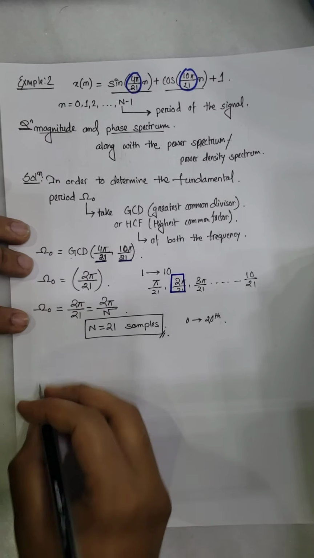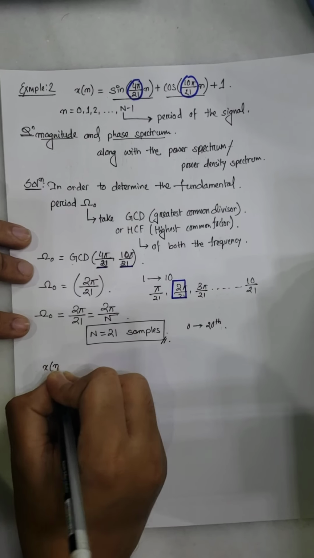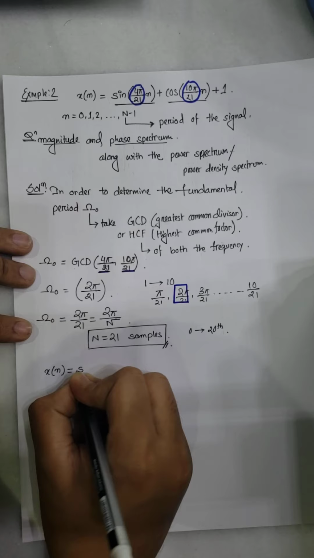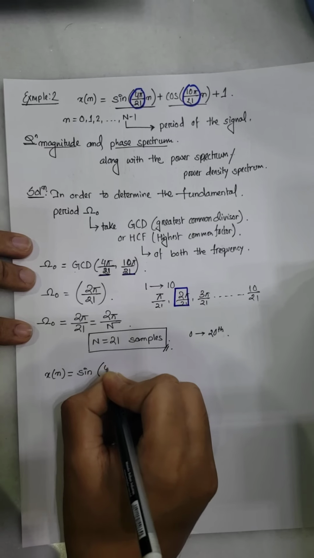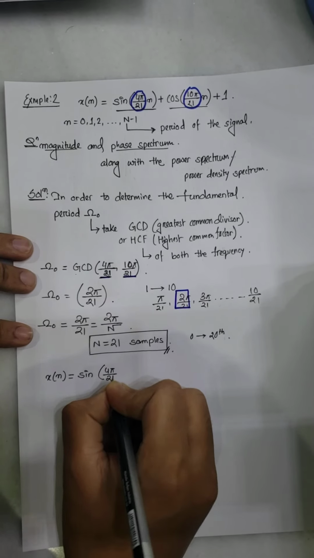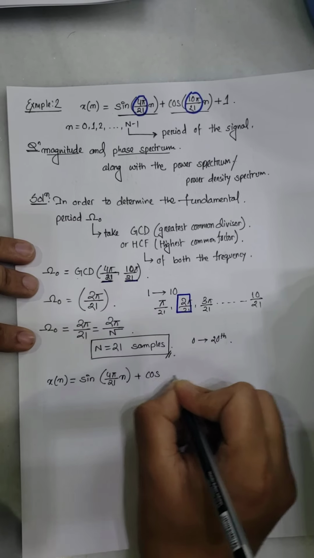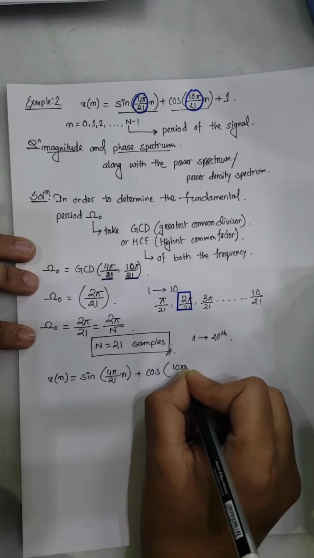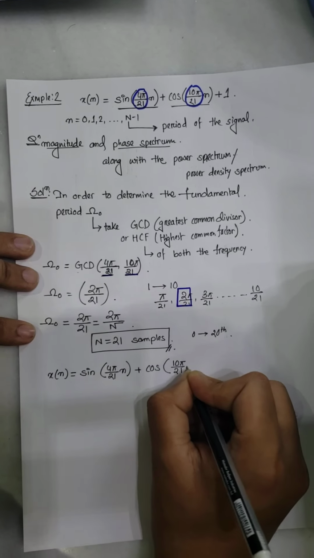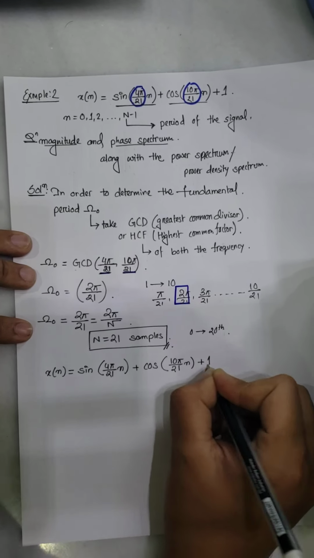Now then, coming back to the equation, x of n equals sine of 4 pi over 21 n plus cosine of 10 pi over 21 n plus 1.